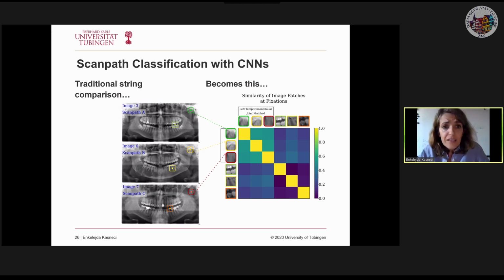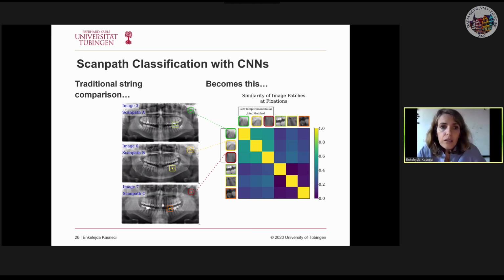So instead of labeled AOIs, for each fixation we use so-called small image patches around fixation locations. The idea is to mimic areas that fall into the foveal and perifoveal perceptual area, to have feature vectors corresponding to this visual intake, and then to be able to even compare similarity across stimuli.